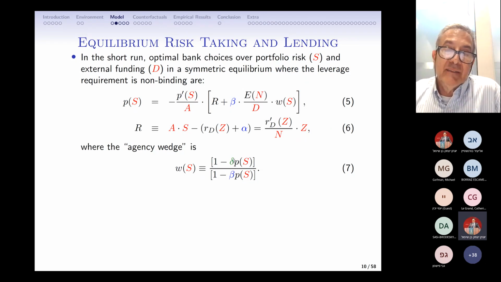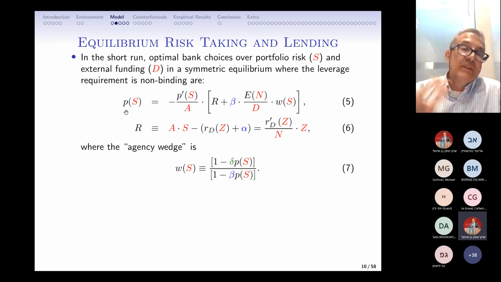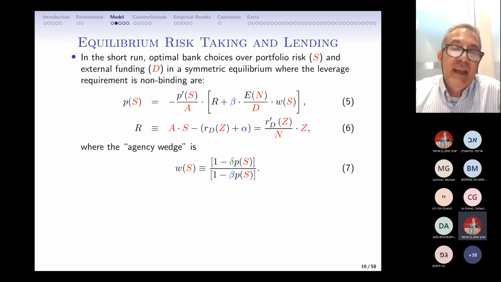If delta is higher than beta, W is going to be less than 1. So if there's an agency conflict, this is a number less than 1, and it's going to generate more risk taking. That's the sense in which the agency wedge can actually generate more risk taking.